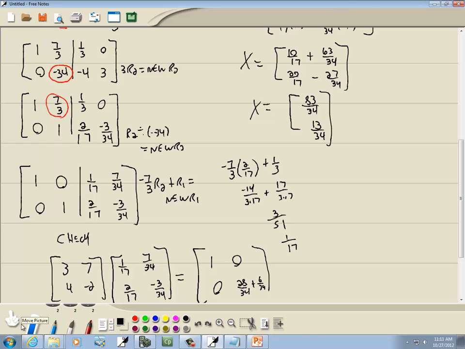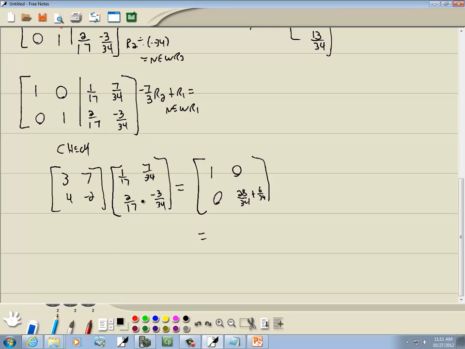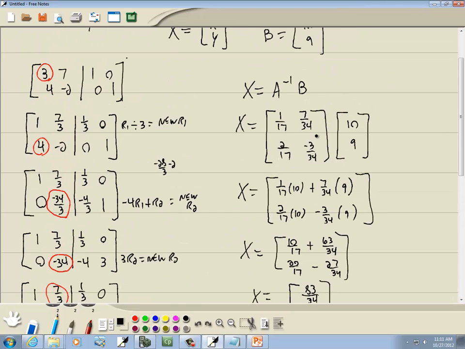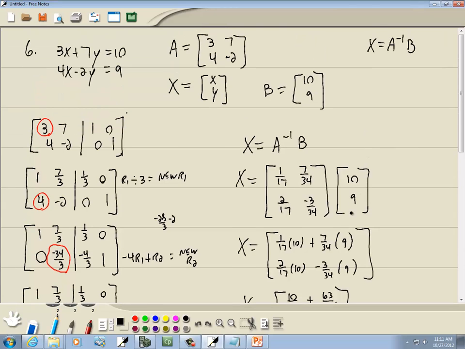Well, that seems kind of bizarre. So let me double check myself. So my inverse down here was 1/17, 7/34, 2/17, negative 3/34. B was 10 and 9.